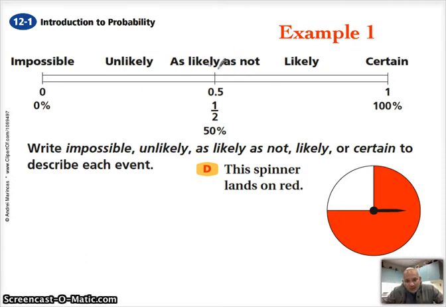Is it an equal chance? Is it as likely as not to land on red as it is to land on white? No, it's going to land on red more times. So what's the term that we're going to use? Well, the term is likely. The spinner will likely land on red.